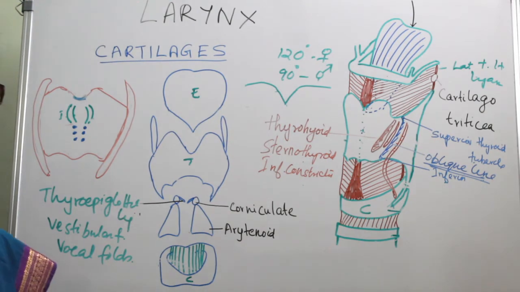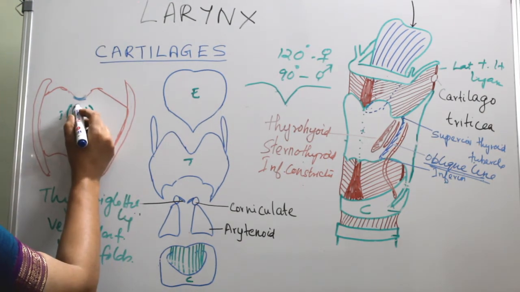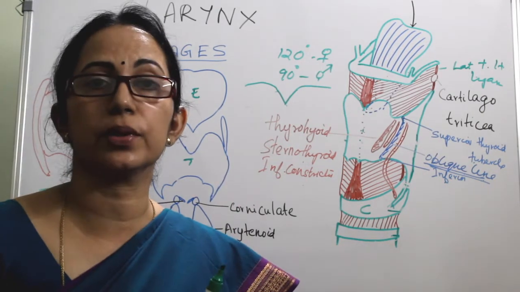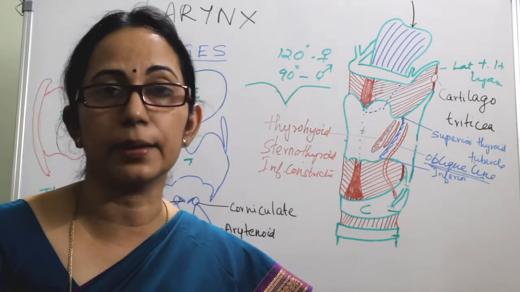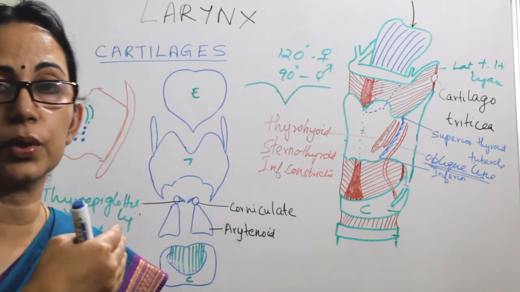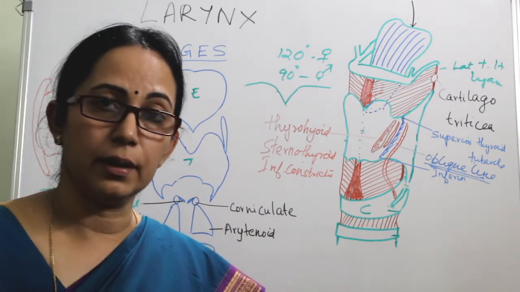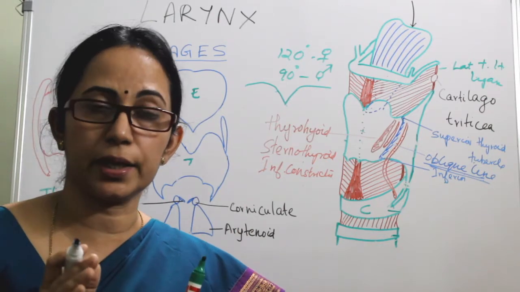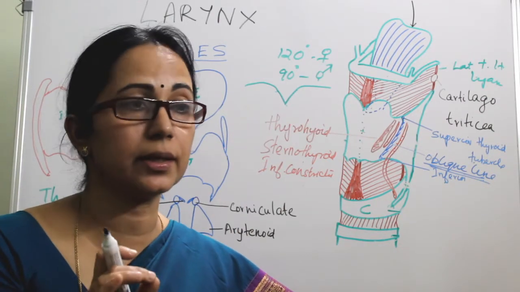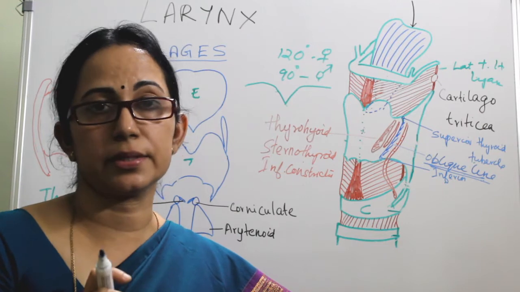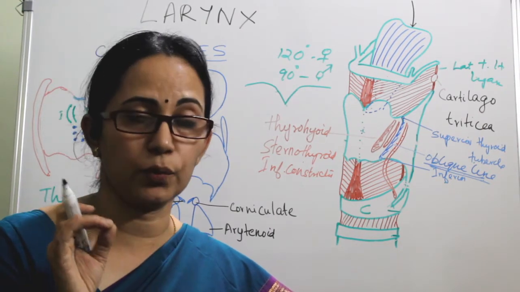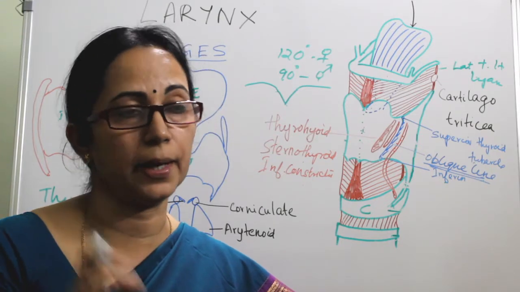Actually the vocal folds of the two sides will fuse together and form the anterior commissure. From the vocal fold goes the true vocal cord, and the vocal folds of two sides fuse together to form the anterior commissure, which plays an important role in the spread of laryngeal or vocal cord malignancies.